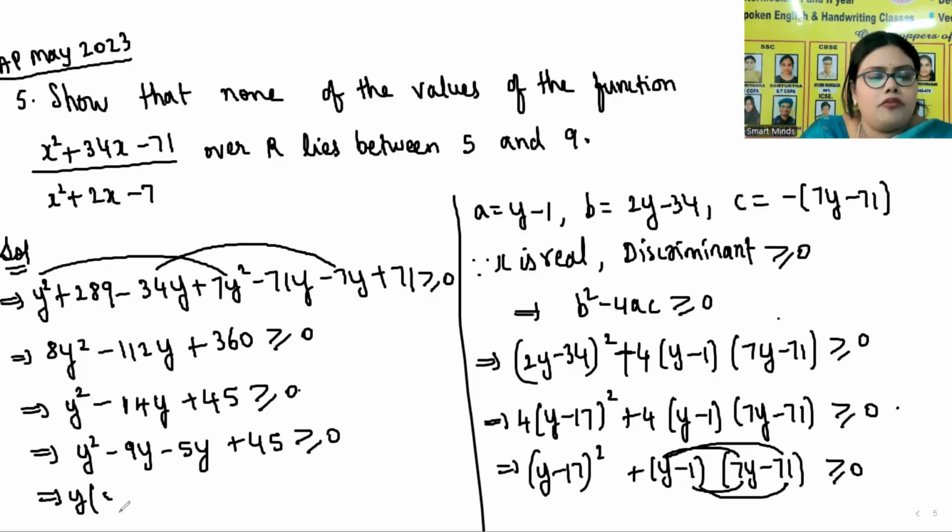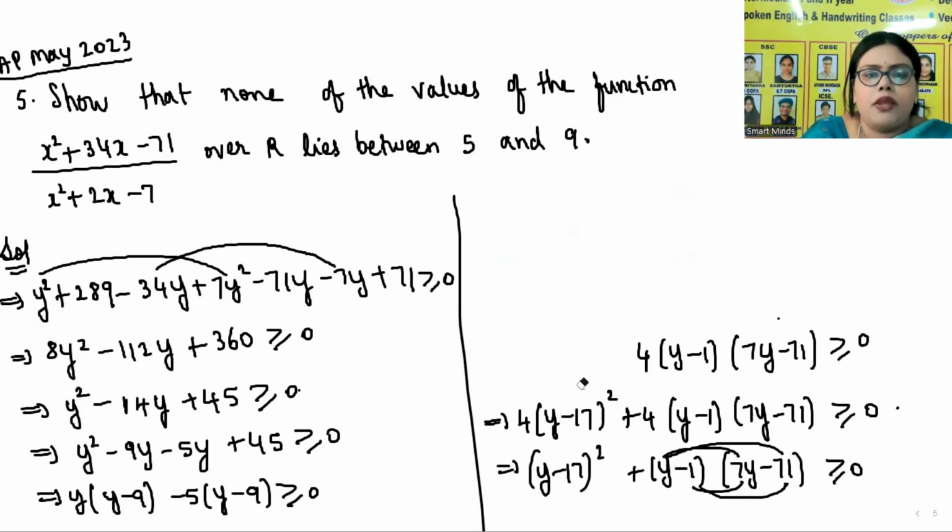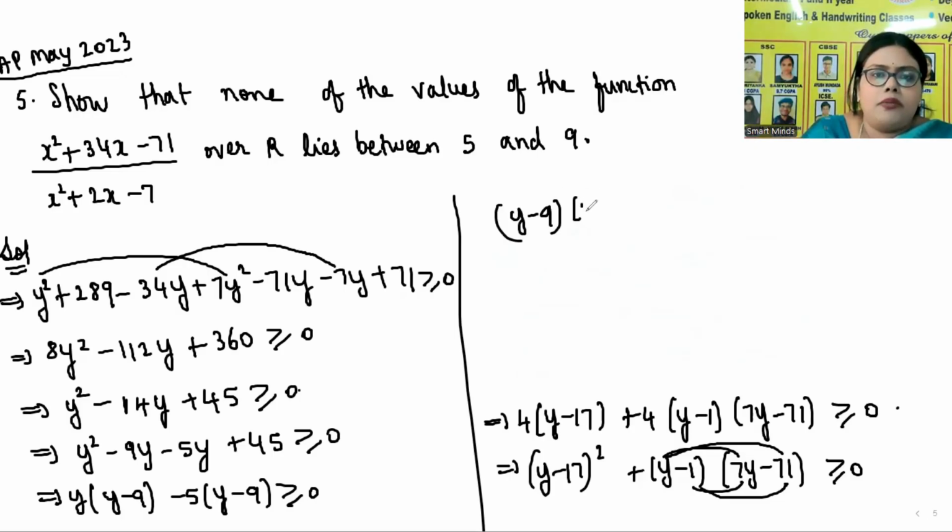So y common, (y minus 9), minus 5 common, (y minus 9) greater than or equal to 0. Now (y minus 9) is again common. So (y minus 9) into (y minus 5) is greater than or equal to 0.